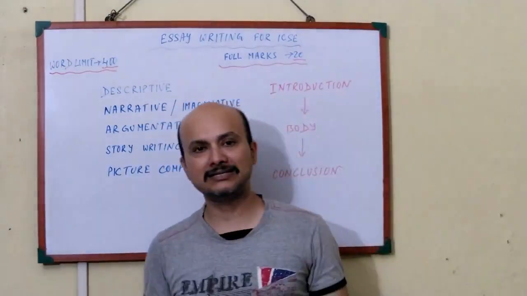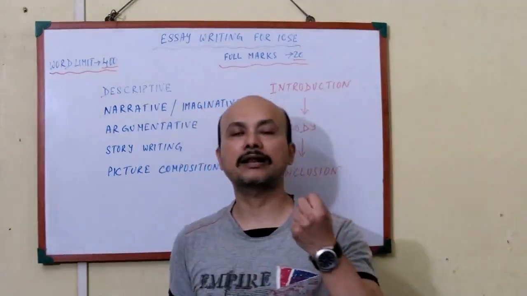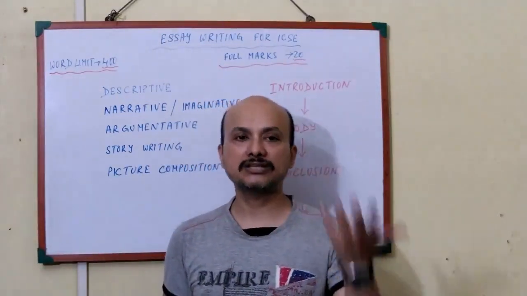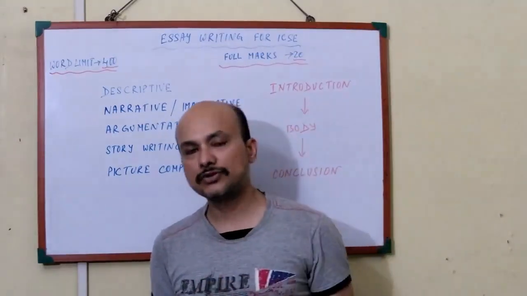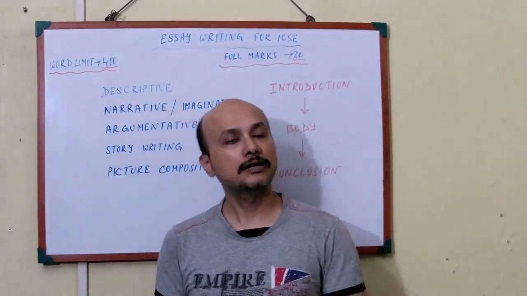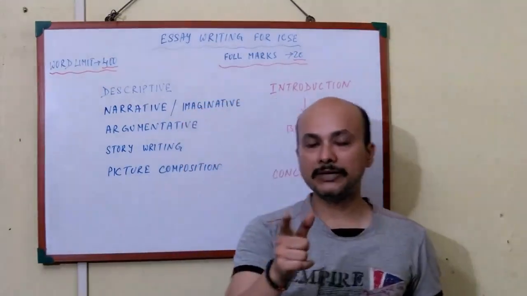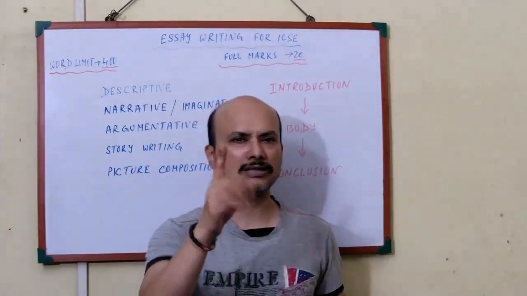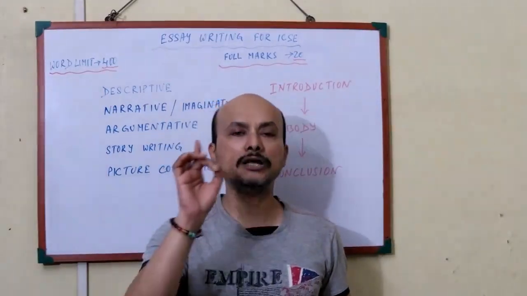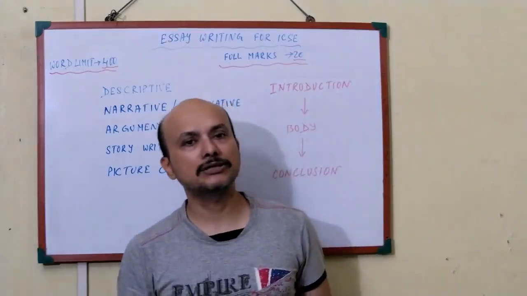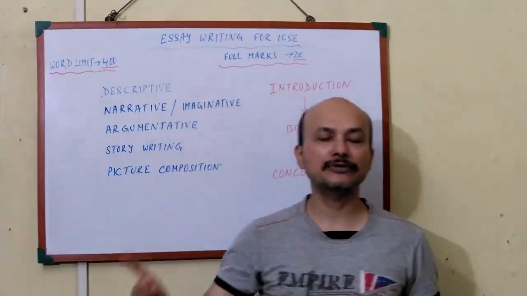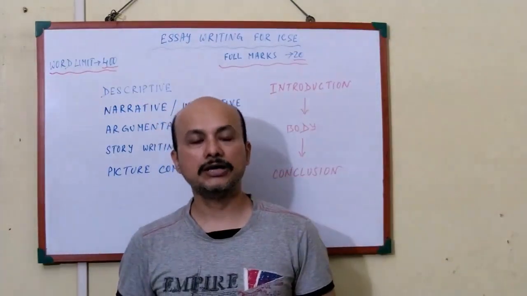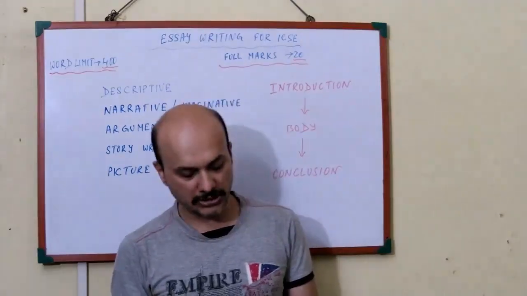You can give names to the characters, you can write direct speech, you can have descriptions and all that. So that will make your essay different. The plot will be different, the characters will be different, everything, only the theme will be the same. That's the only thing that will be copied, otherwise everything will be original. Okay, so that's how to write an original story.